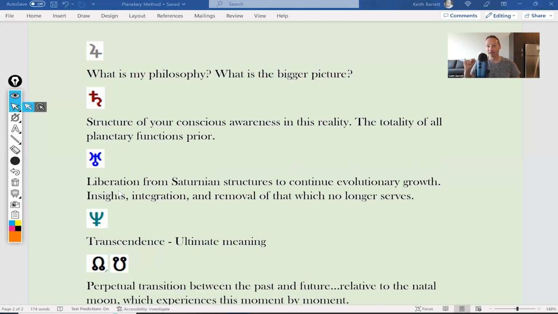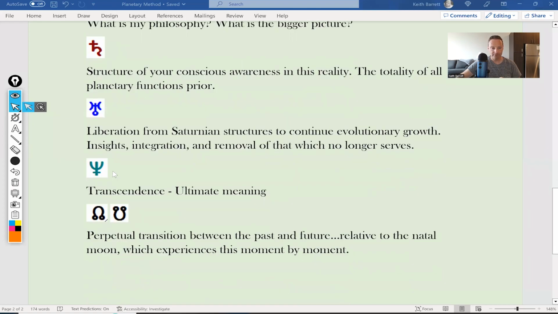Just from an analogy standpoint, it's always poking at Saturn to say, hey, this conscious awareness you've constructed, or this reality you've constructed in your mind, when it's time, we're going to have to move that forward, right? We're going to need to change those structures a bit, maybe even change your philosophy, change your Mercury, the way you're thinking about things, change your Venus, the way you feel about yourself, and how that gets projected in reality, in relationships, right? And so Uranus will symbolize that in the chart.